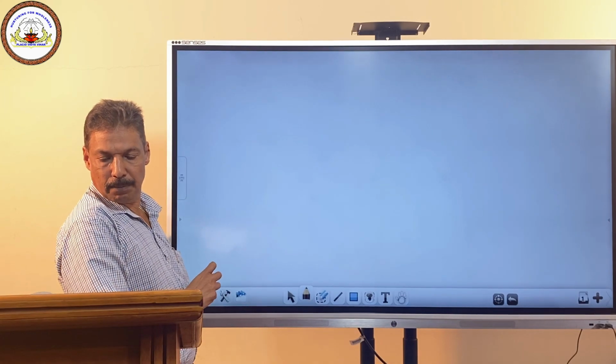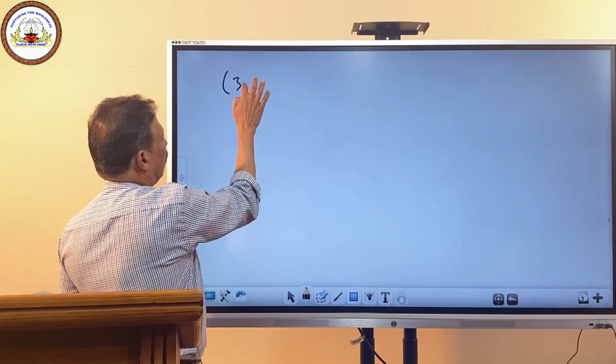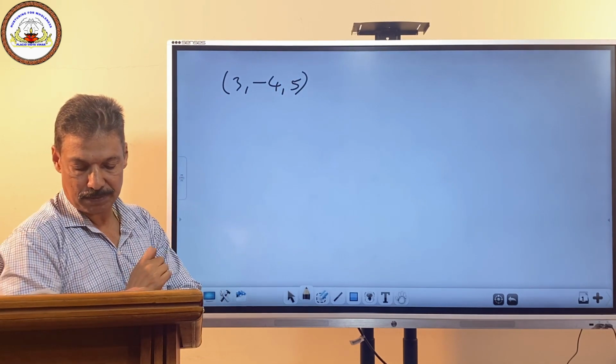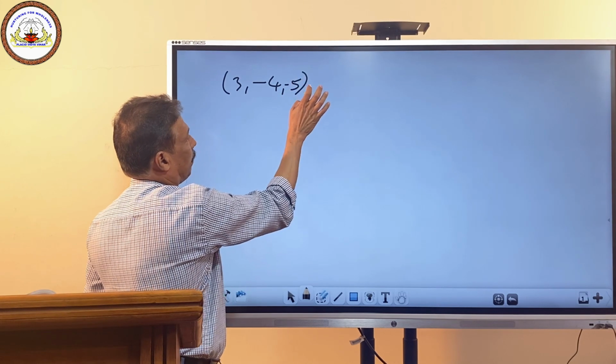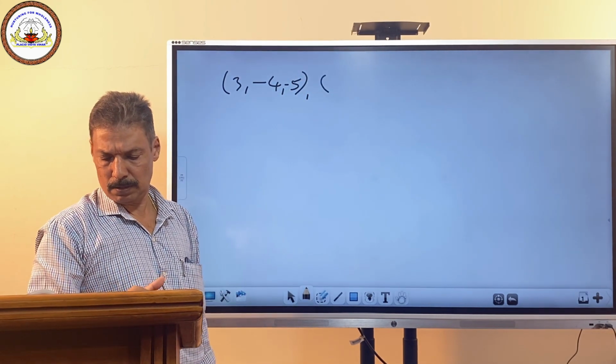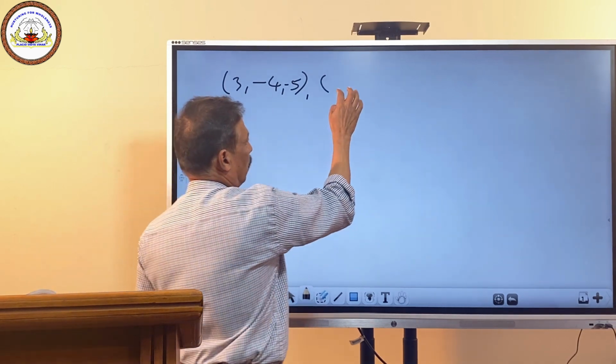Equation of the line passing through the point 3, minus 4, minus 5, then the second point 2, minus 3, 1.